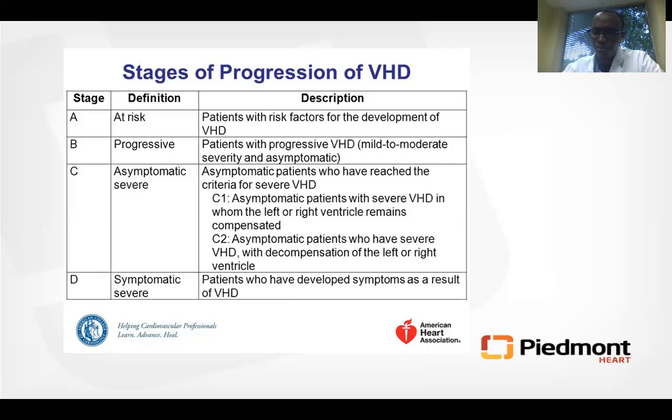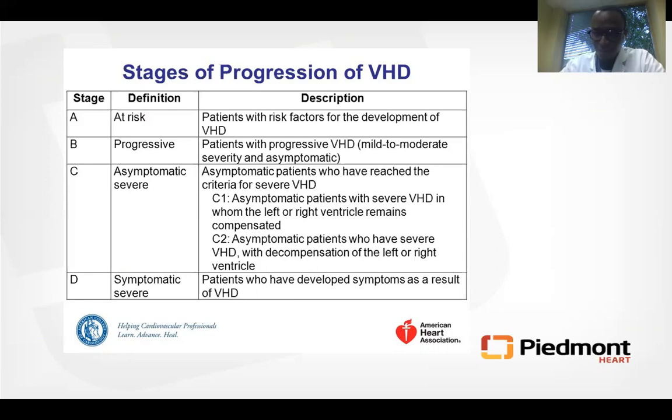Stage B is progressive disease. The patient does have some kind of valvopathy. They do have mitral regurgitation or mitral stenosis, but it's not severe yet. Stage C is when it's severe, and if they're C1, they do not have any cardiomyopathy. But if they're C2, they did have some kind of cardiomyopathy.